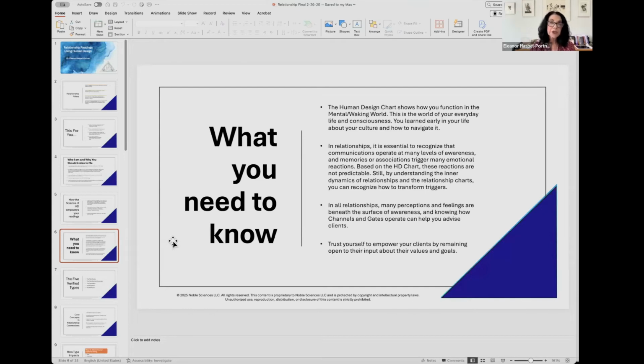Many perceptions and feelings in a relationship are beneath the surface. So what I'm going to be showing you are some ways that you can figure out what might be going on in a relationship, and you can put those into your reports and help other people see what they're doing.